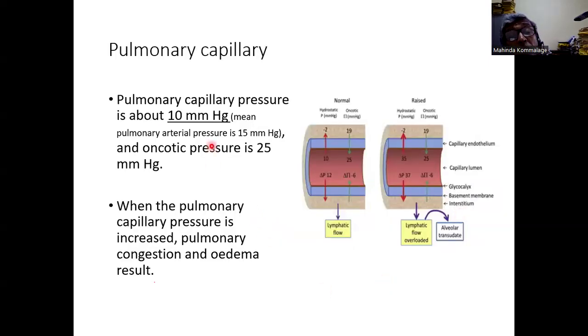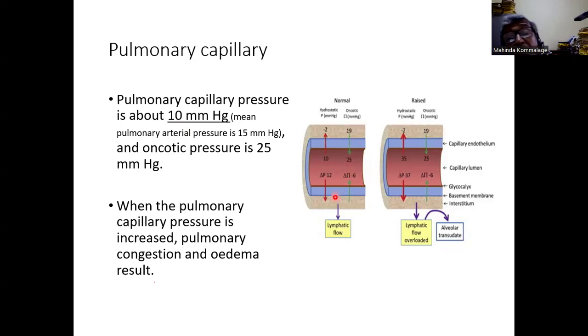So Starling forces will operate here. Guyton does not describe this too much, but Starling forces apply in the pulmonary capillary also. Hydrostatic pressure here is very low, 10 or less. And oncotic pressure will operate in the opposite direction.